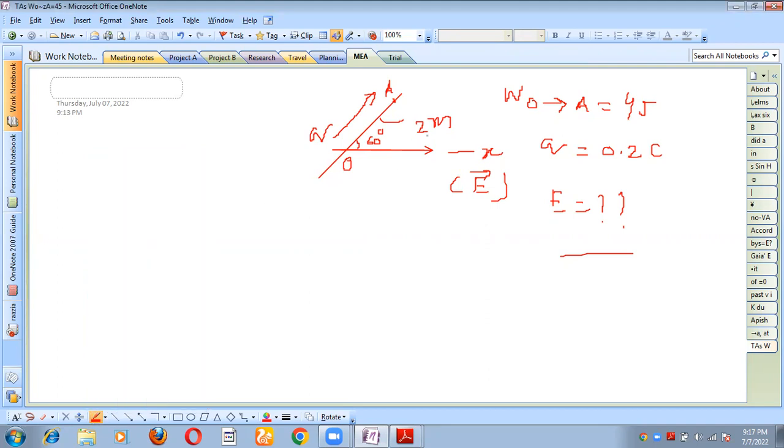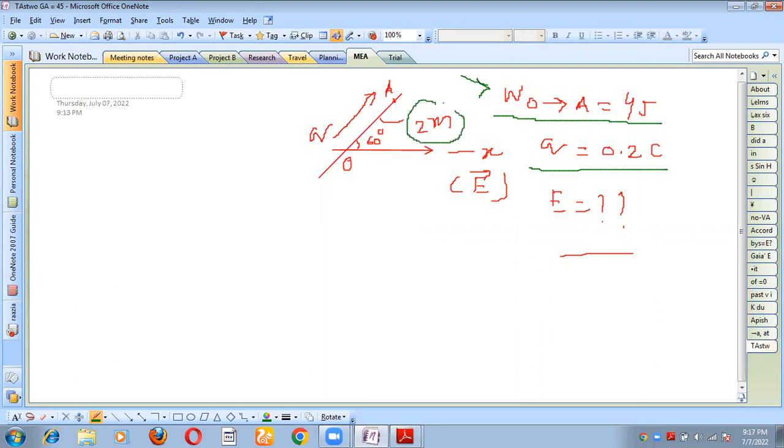So here we will see. Work done has been given in the question. The work done is given, charge is given, and distance is also given, right? And we have to find electric field. Distance is given means r is given.